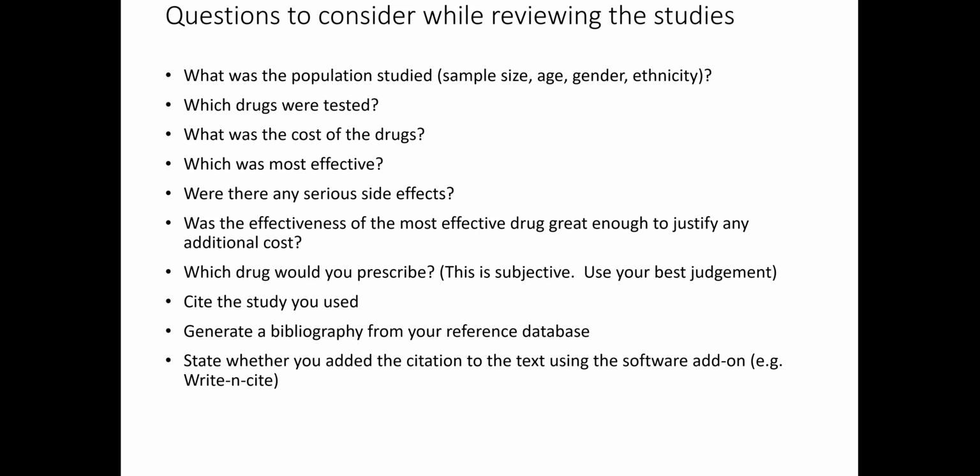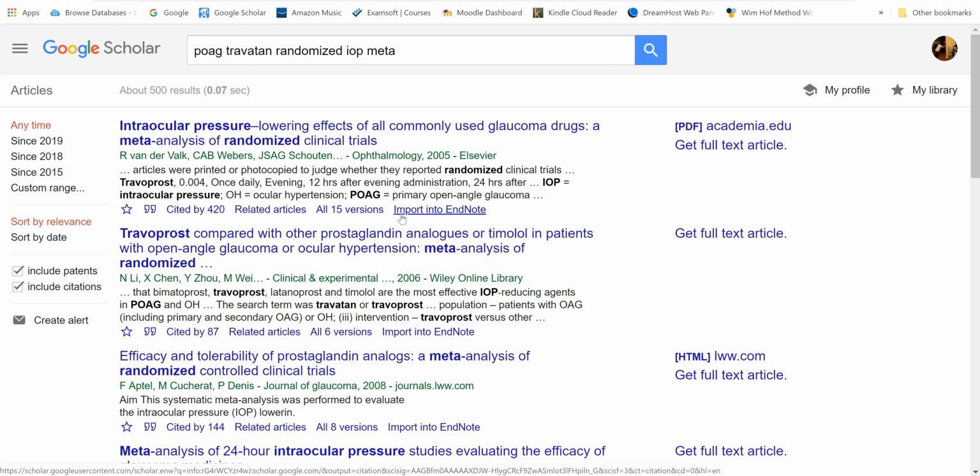Okay, so let us go to Google Scholar. And you recall from the last time we did a search, we have our PICO: problem, intervention, control, outcome, and we're going to restrict it to meta-analysis.